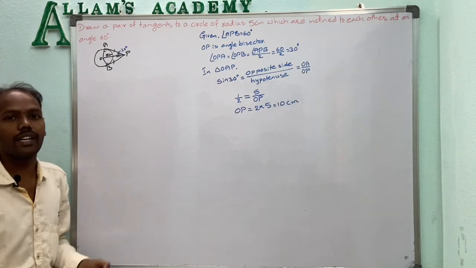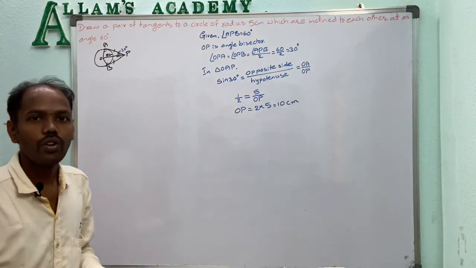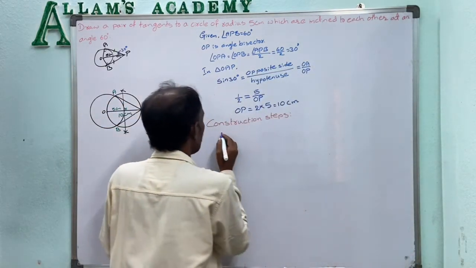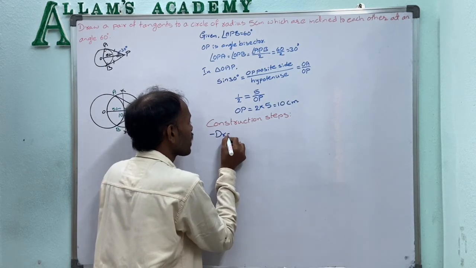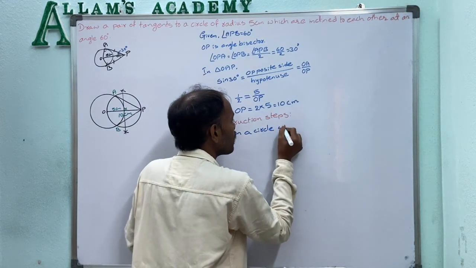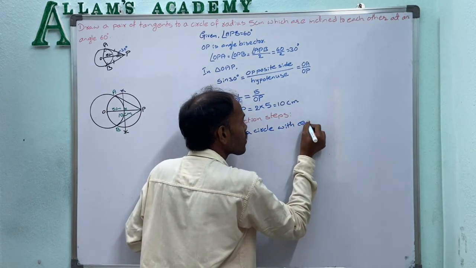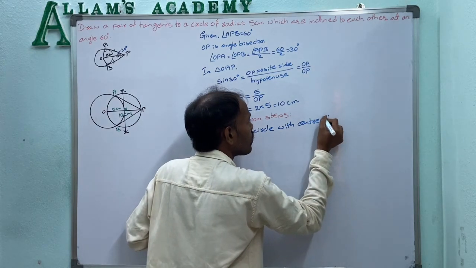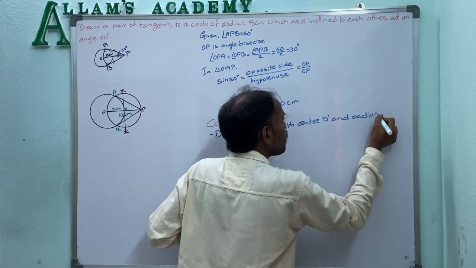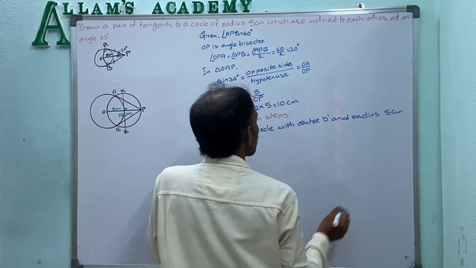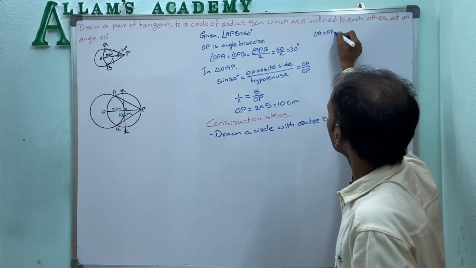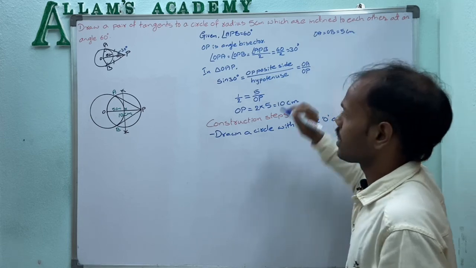Now we construct it. First, draw a circle with center O and radius 5 centimeters, so OA and OB are equal to 5 centimeters.